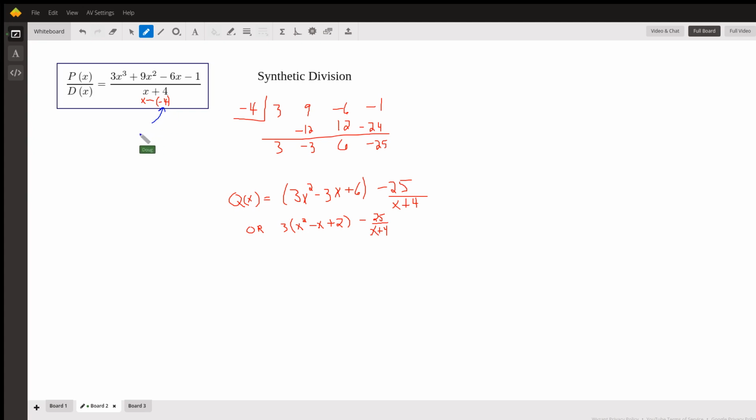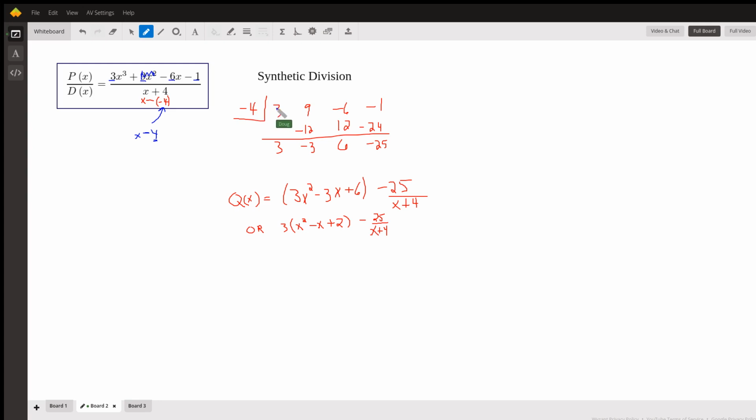So if we were dividing by x minus 4, this 4 would go on the block because we have a minus sign right here. And then you write down the coefficients in descending order of the dividend. And again, you'd still need a placeholder. If this 9x squared wasn't here, you'd put a 0 here instead of a 9.